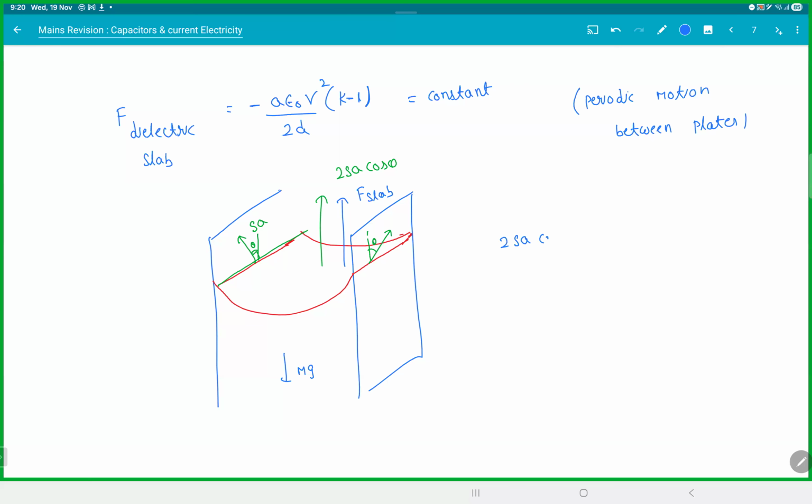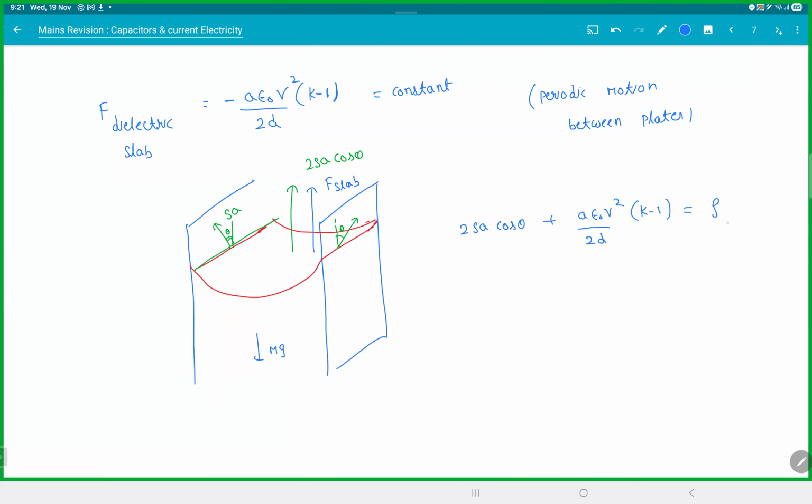So 2 SA cos theta plus A epsilon V square by 2D into K minus 1 is equal to density into A into H into D into G, ignoring the meniscus. You get the value of H from here. Clear with this? Hope you guys remember both the questions, one in surface tension, one in dielectric slab. We just mixed it up. Clear with this?